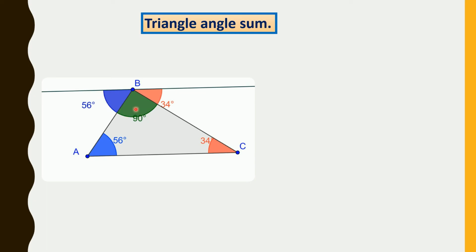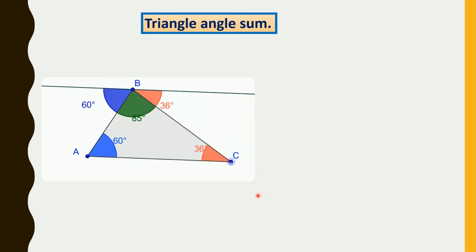That's why when we add the three angles in a triangle, their sum is always 180 degrees, as you see here. 90 plus 56 plus 34 equals 180 degrees. This is a right angle.